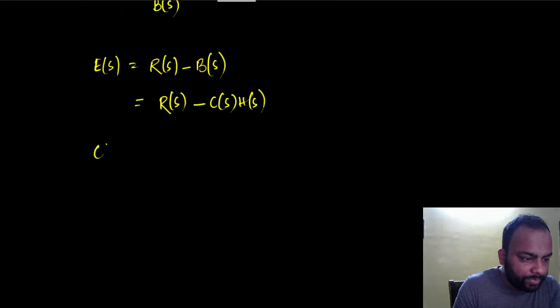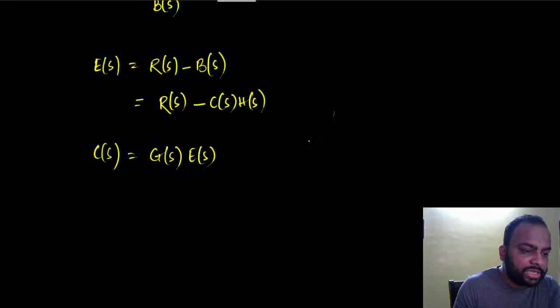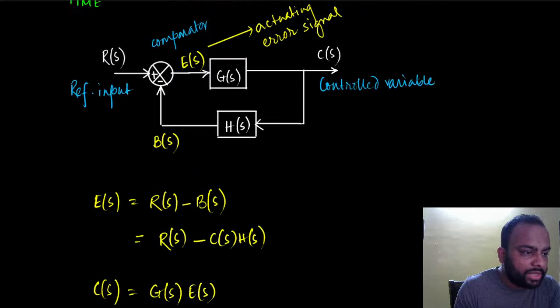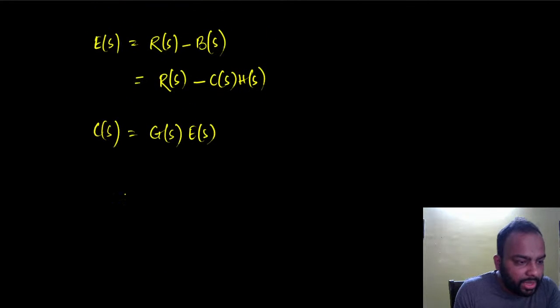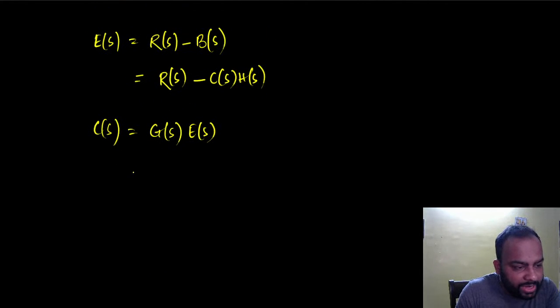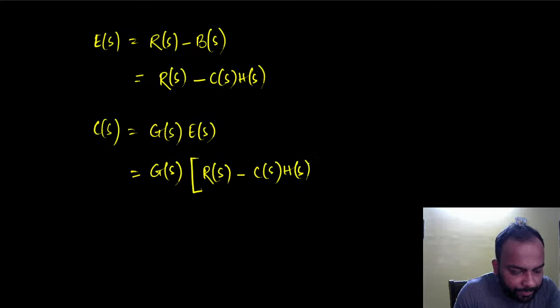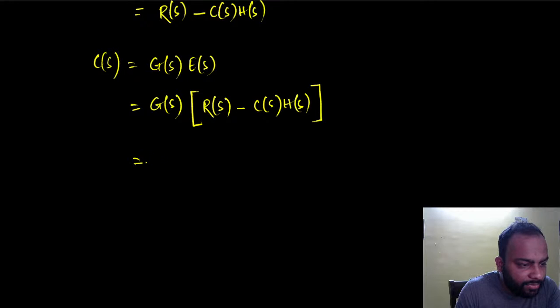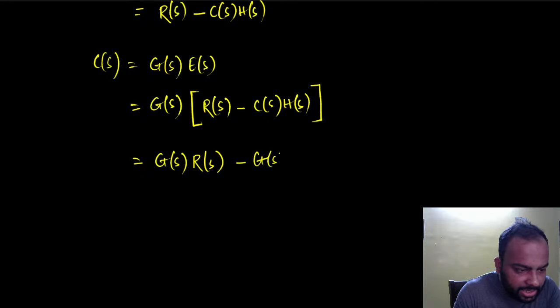Okay. So we also know that C(s) is G(s) times E(s), because if we just look at the G(s) block here, you will see that the input to this G(s) block is E(s) and the output is C(s). So that's how we have this, right? But now we already know the value of E(s), which we can replace here. So if I put the value of E(s), which is R(s) minus C(s) times H(s), then we have this as G(s)R(s) minus G(s)H(s)C(s), right?